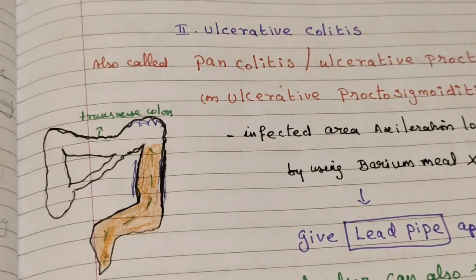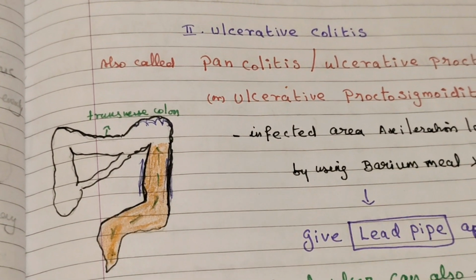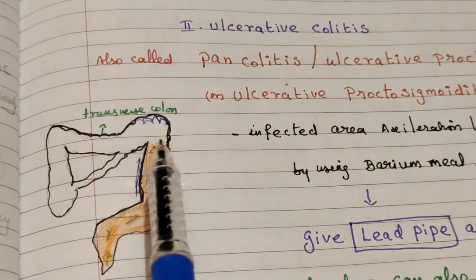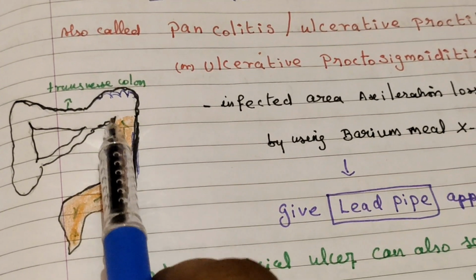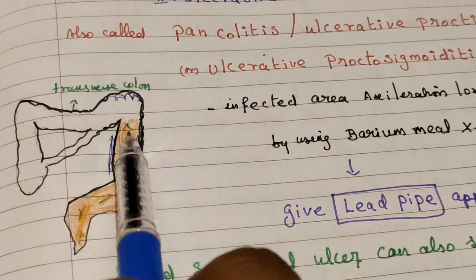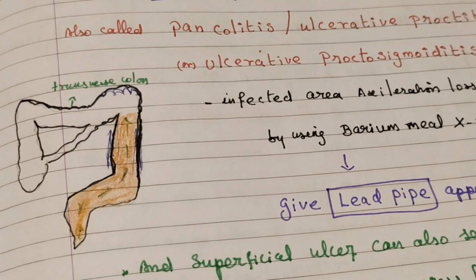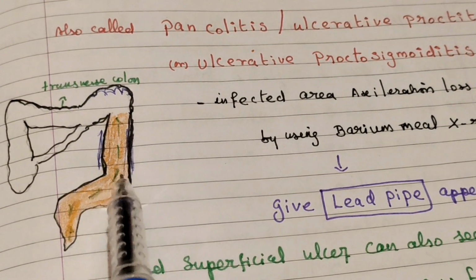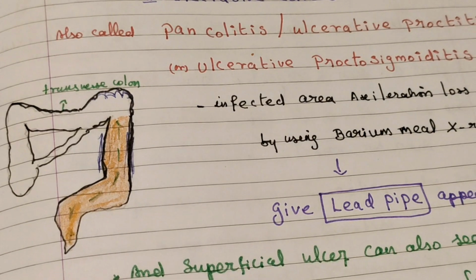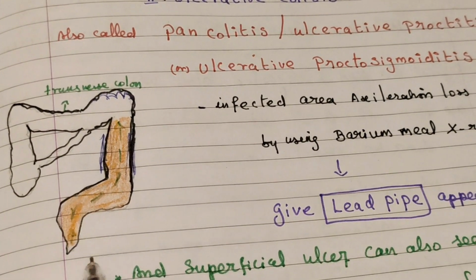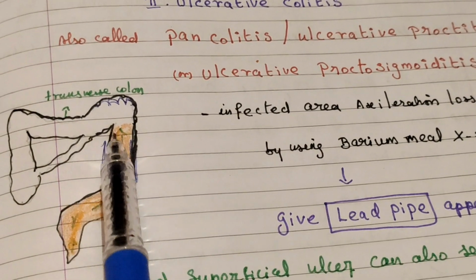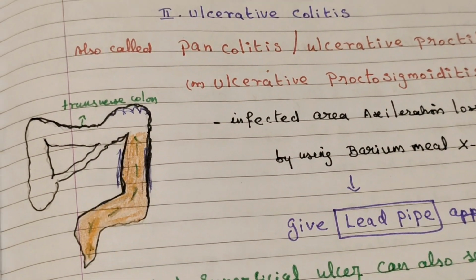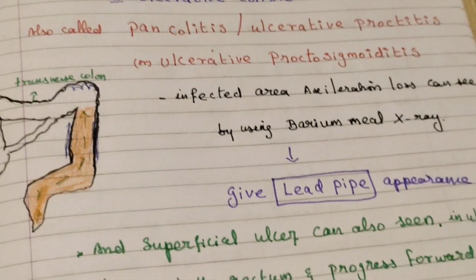Unlike Crohn disease, which involves both ileum as well as colon, here it is not exceeding the transverse colon. So only this part is affected, and superficial ulcer can be seen. Ulcerative colitis begins with the rectum, progresses forward, and never exceeds the transverse colon.